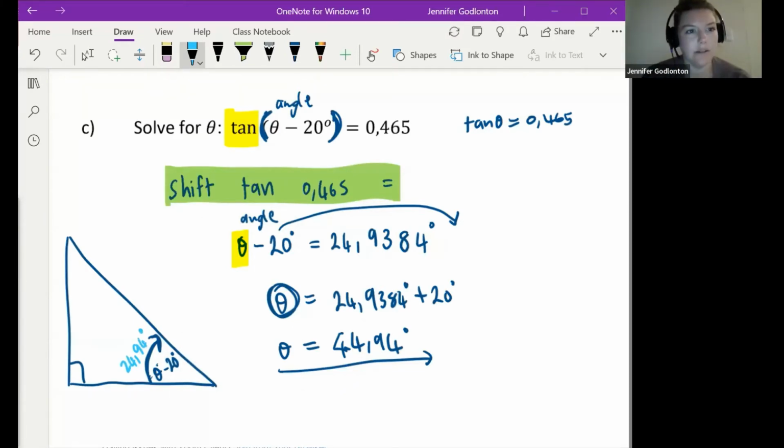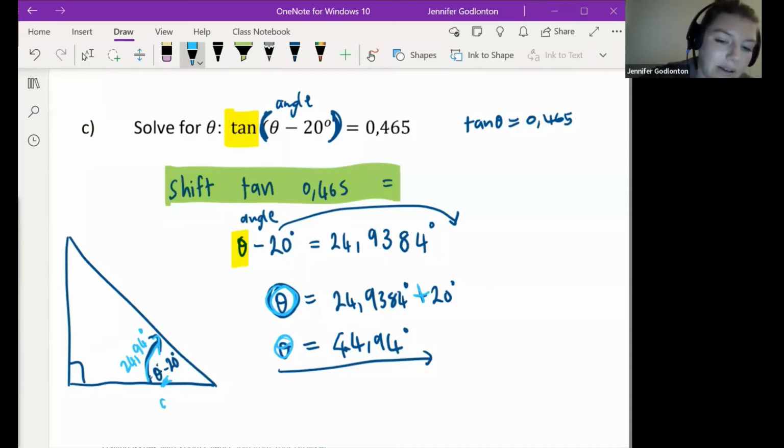But if I want to just know what theta is, then theta would have to be 20 more than that because I'm minusing 20. So theta minus 20, this whole angle, is equal to 24,9384. And I only want to know what theta is. So I'm going to move that 20 over, which is why I'm plussing it, which means theta must be 44,94.